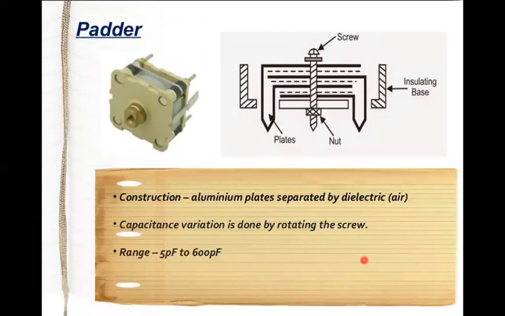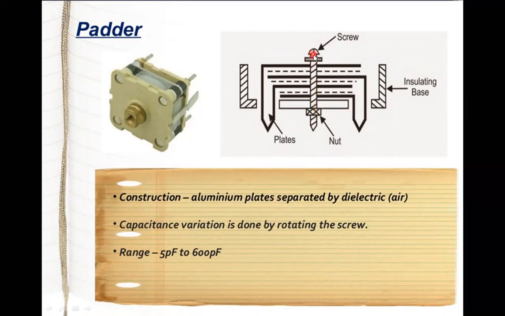These are called padders. They are variable capacitors. Again, you can see here, this and this complete part gives one plate of the condenser, whereas this gives the other plate of the condenser. Between these two plates there is a medium. And here there is a screw, or this is a nut.